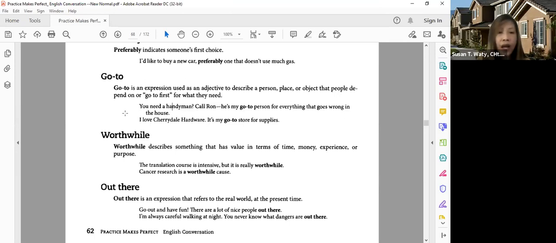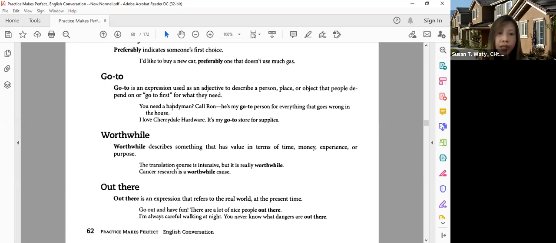I love Alpha Mart. It's my go-to store for snacks. That is the place, person, or object that you will pick first whenever you need something specific.